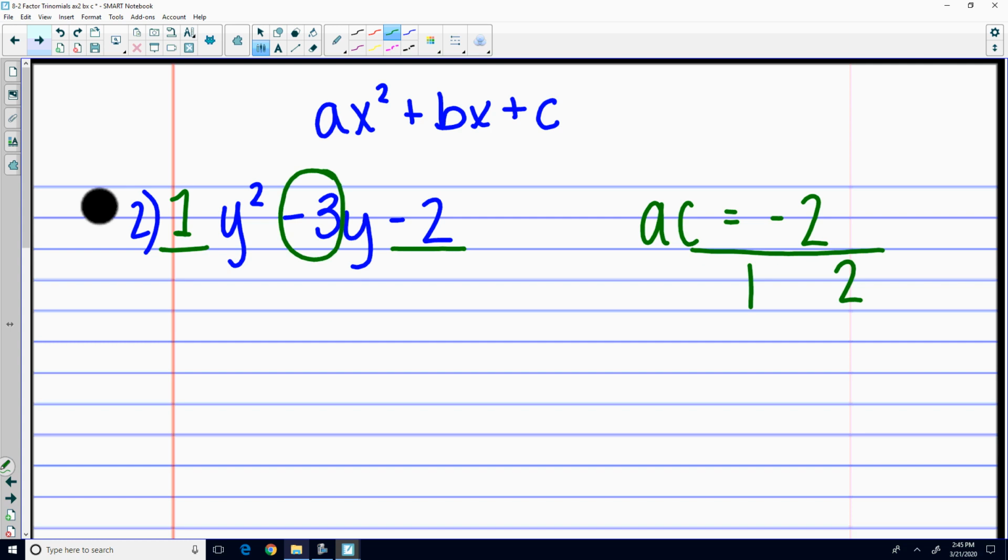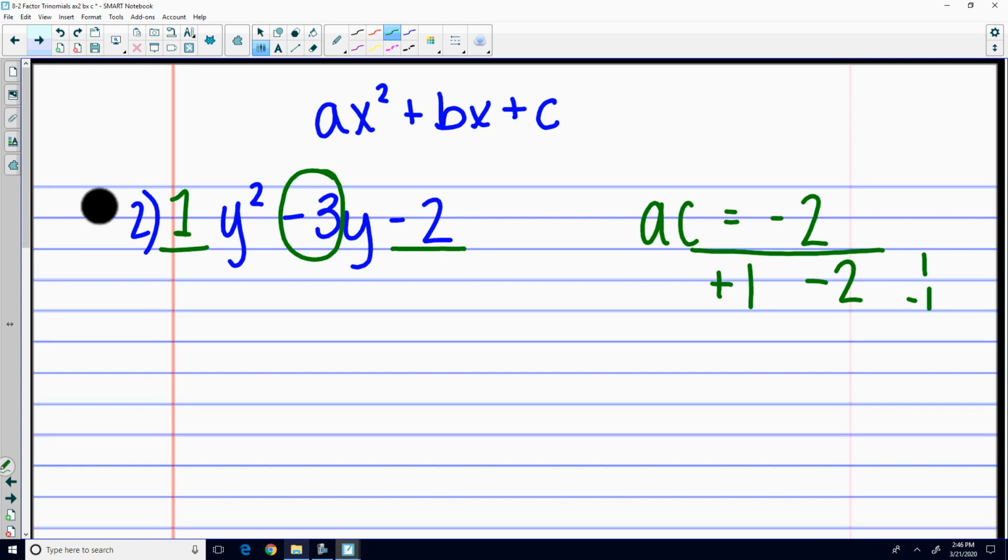Being very careful, to multiply to negative 2, I can make it negative 1 and positive 2, and if I added those, that would give me positive 1. Or I can flip them, positive 1 and negative 2, which adds to negative 1. Here's my problem. Neither one of those adds to negative 3.